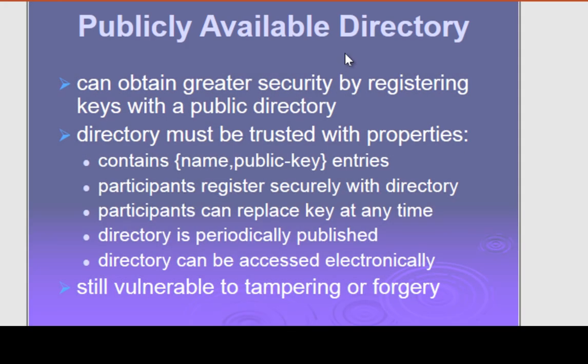So any participant who wants to distribute his public key can place it in this directory, so that other persons can also access the directory and obtain his public key.